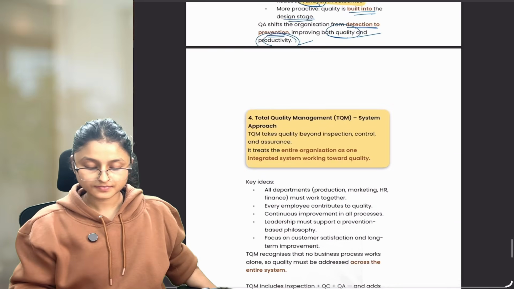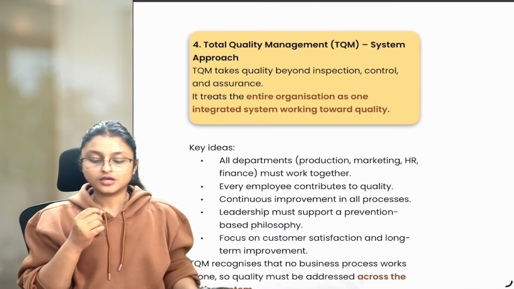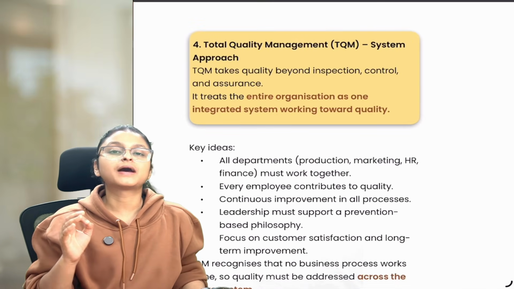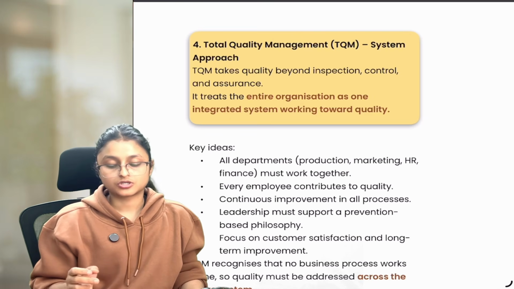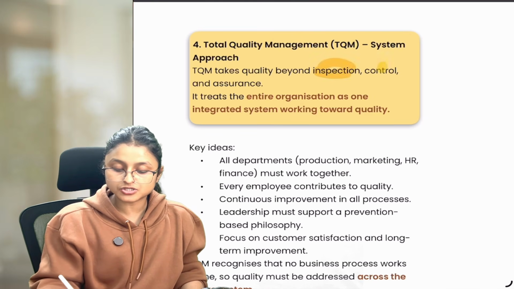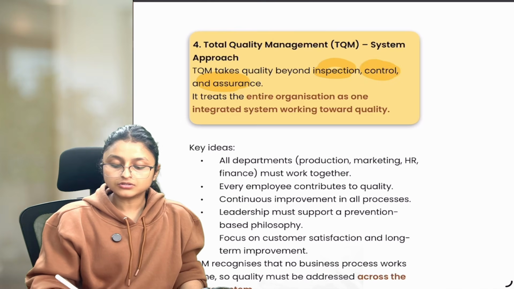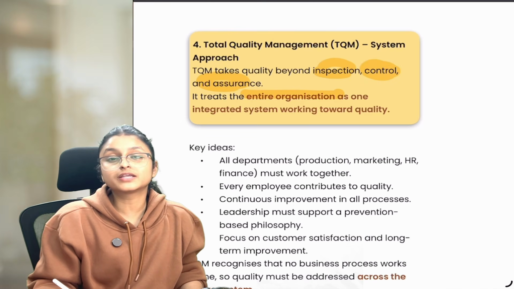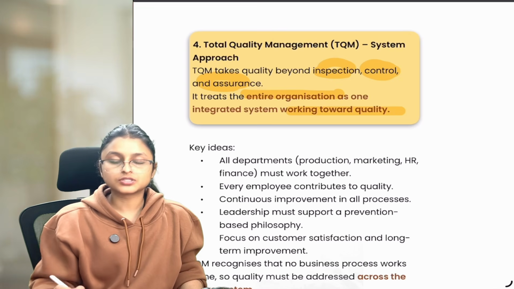Done. Next is the fourth stage, which is known as the total quality management system approach. Now quality became beyond inspection, control and assurance. Now the entire organization is working as an integrated system towards quality.